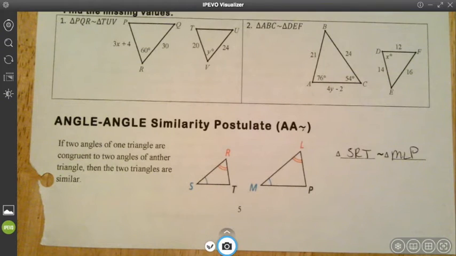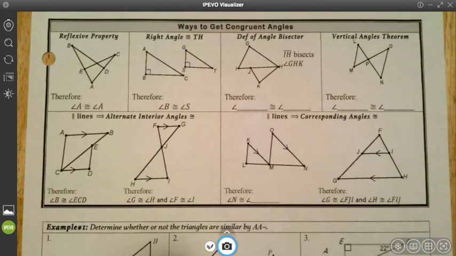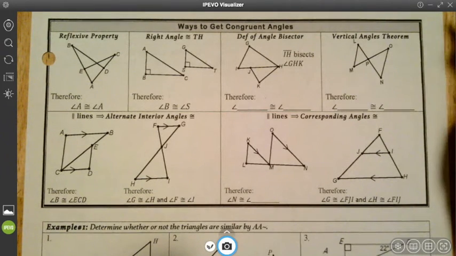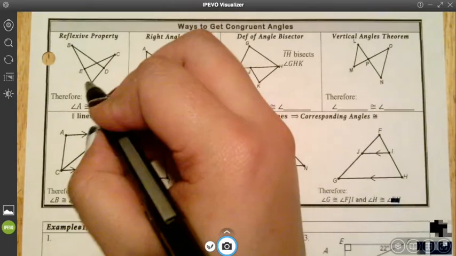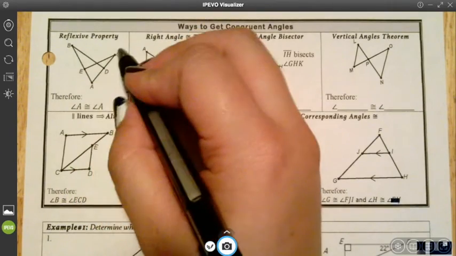Let's look at some other properties that we know from the previous information we've seen. In order to use the angle-angle similarity, we need to be able to get two congruent angles. So what are some ways that we can get two congruent angles? Well, we have the reflexive property, which we used pretty frequently for sides, and a few times for angles. Notice this is actually two triangles here.